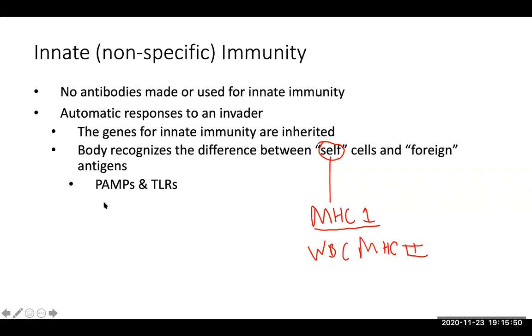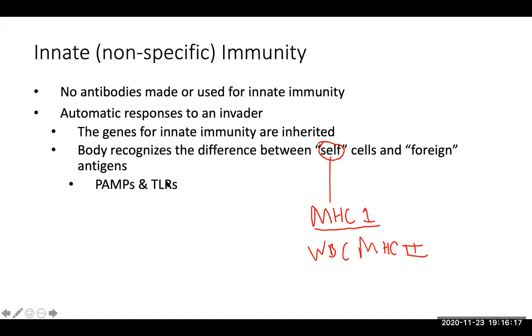This is going to include your surface antigens. This is going to include things like DNA, RNA, different types of carbohydrates. For example, bacteria all have peptidoglycan. We never have peptidoglycan in any of the cells of our body. So that's easy to recognize. If we can get access to it, we will definitely respond to it as being a foreign antigen.